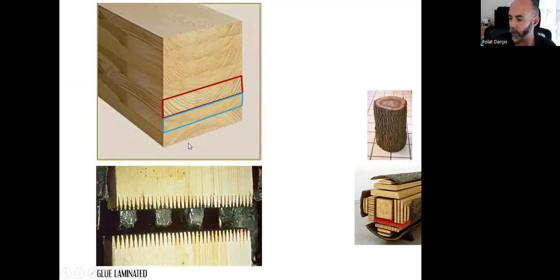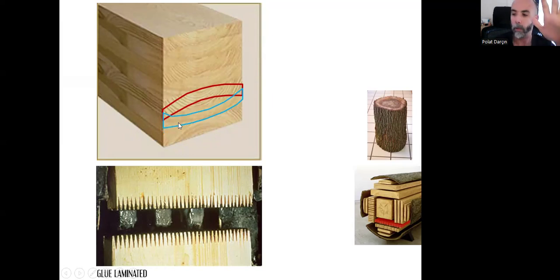And the growth rings are like that. So when it loses its moisture content, it wants to be deformed like that. And the other one will be deformed like that. And they will prevent each other from bigger deformation. They will hold each other. So glue laminated timber is a better option for us.